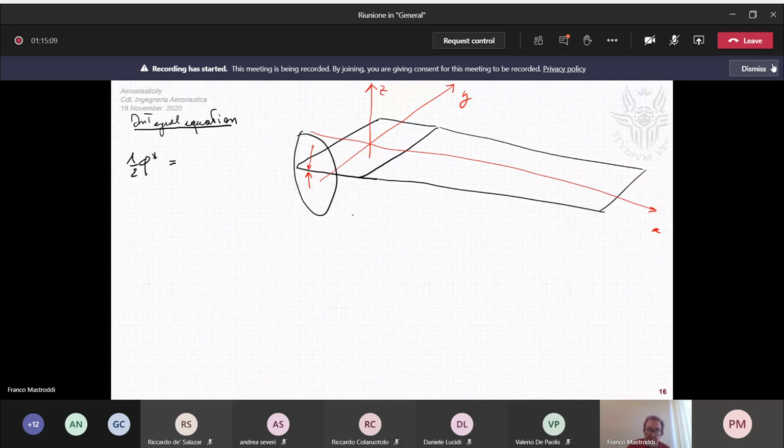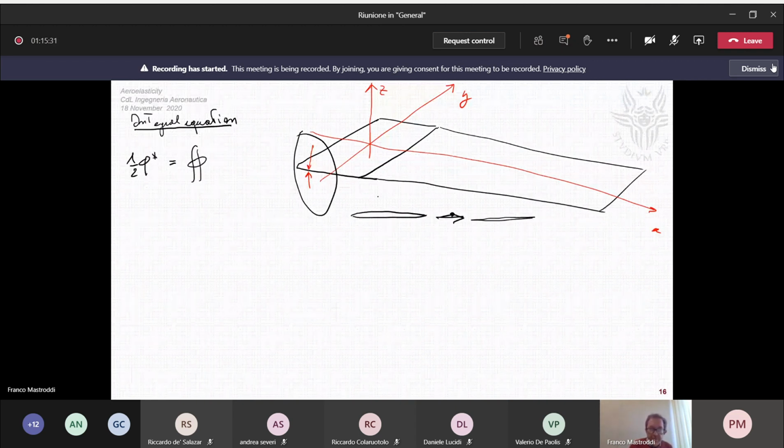I have a limit situation, like in the airfoil, which is going to be thinner and thinner and thinner. However, my integral equation is this.